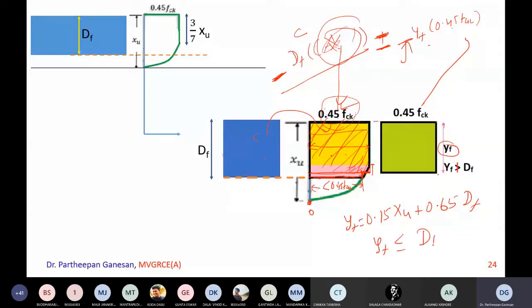Your rectangle cannot be like this, because this is 0.45 FCK and the stress is less here, so obviously your rectangle will always be less than DF only. It cannot be greater. Is that clear now? Yes, sir. Okay.